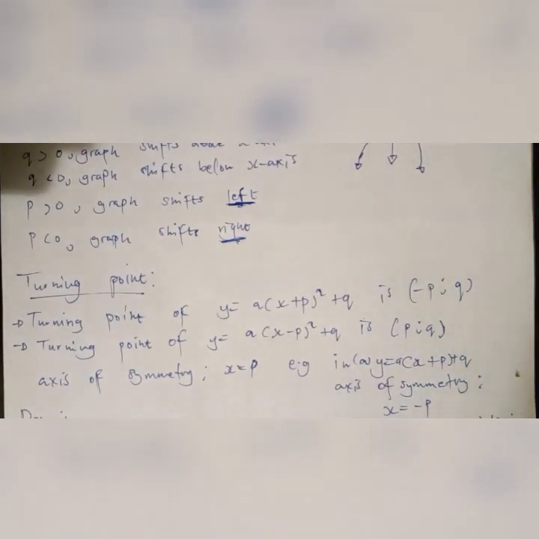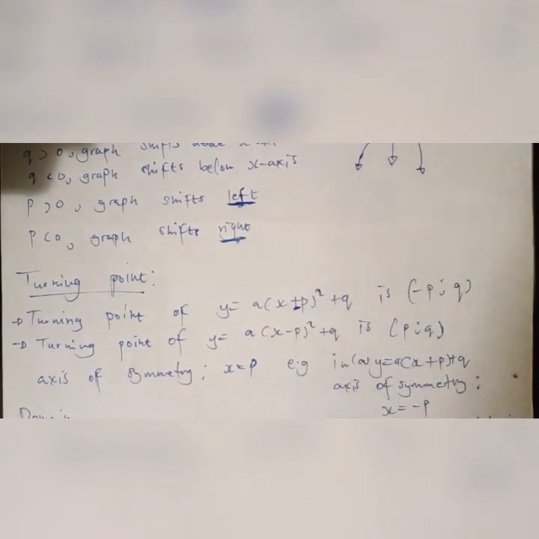So the turning point of y is equal to a(x plus p) squared plus q is (negative p, q). The reason why we said negative p, q is because of this positive sign right there. So what did I say? When p is greater than 0, the graph shifts left, and left is the negative side of the x-axis.